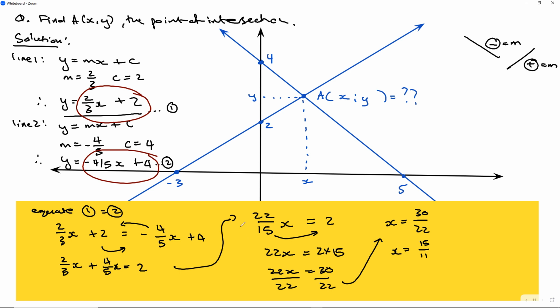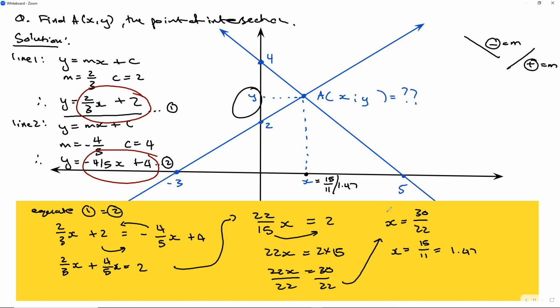That would be my x value when I equate the lines. And what is 15 over 11 as a decimal? It's 1.47 rounded to 2 decimal places. So that's the point, 1.47 over there.